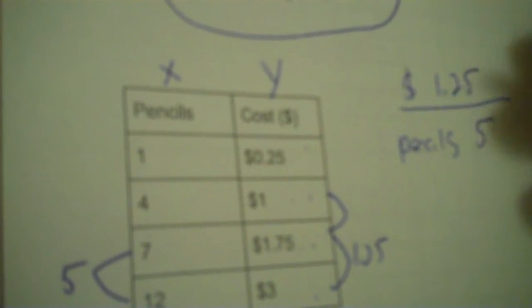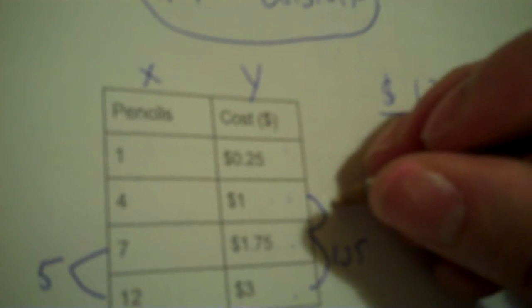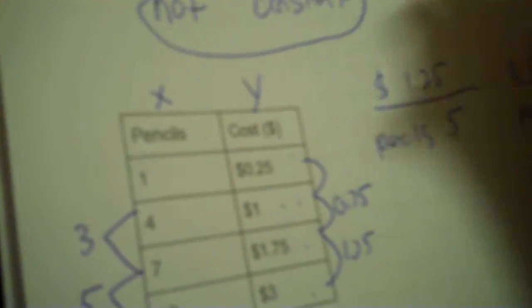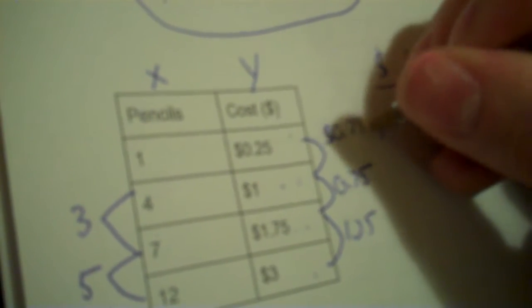Now let's go to the next one. $1.75 minus 1 is 75 cents. That's 0.75. Don't just put 75. So from here to here, we changed by 75 cents, and then 7 minus 4 is 3. That was from buying 3 pencils. Then $1 minus 25 cents is going to be 75 cents.